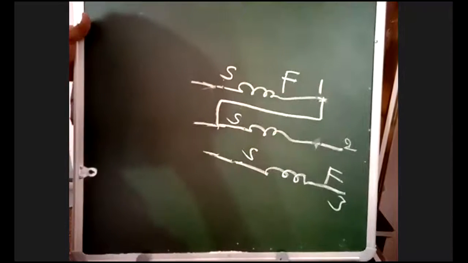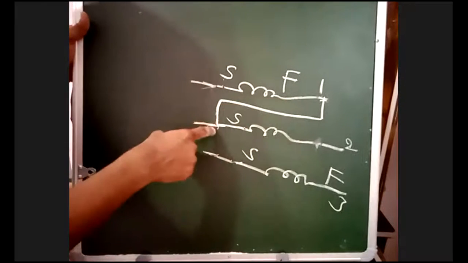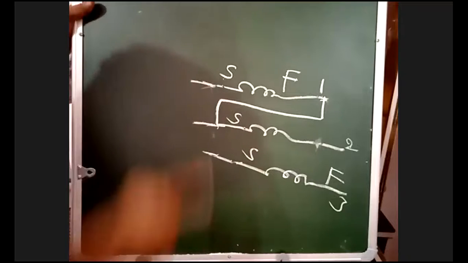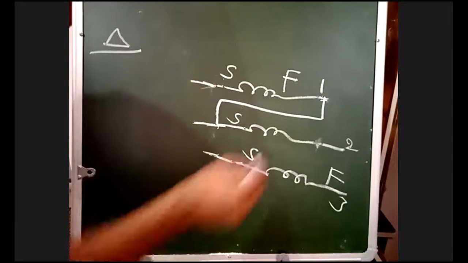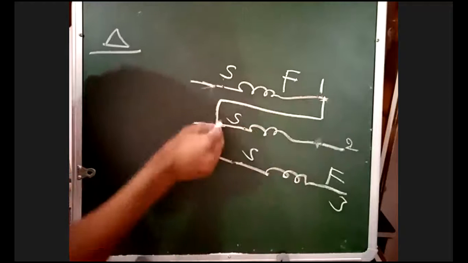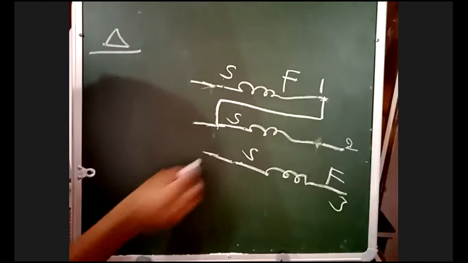In delta, the finishing end of the first coil is connected to the starting end of the second coil.